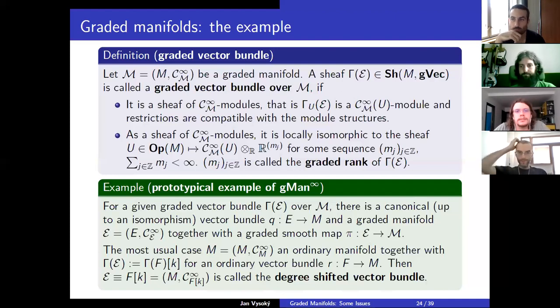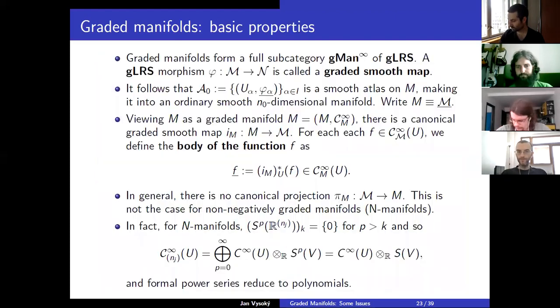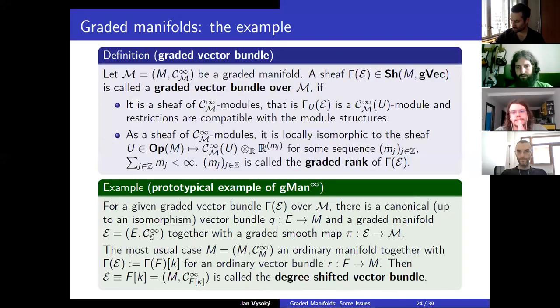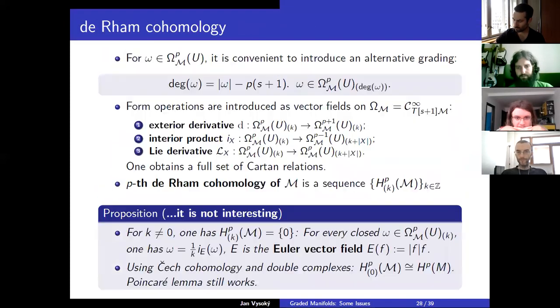So I have a question. Jan, you mentioned already a couple of times that evaluating a graded vector field at a point loses some information. So you don't have all the information about the vector field given all the evaluations.